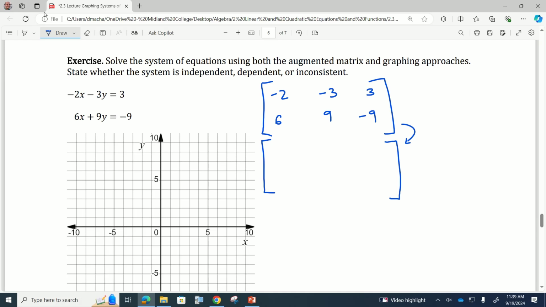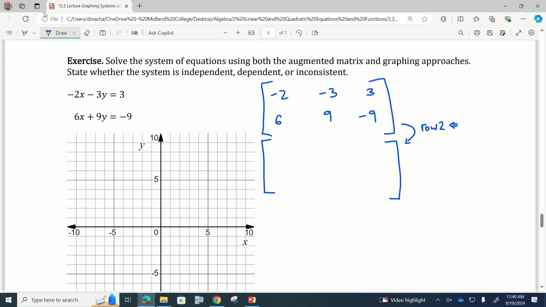If there's no way to get a +1 in the top left corner, I'm just going to move on and think about how to get a 0 in the bottom left corner. Can I turn that 6 into a 0? Perfect. You're right.